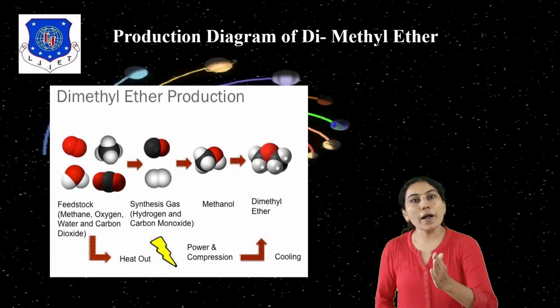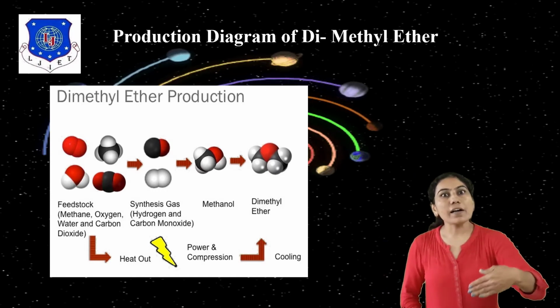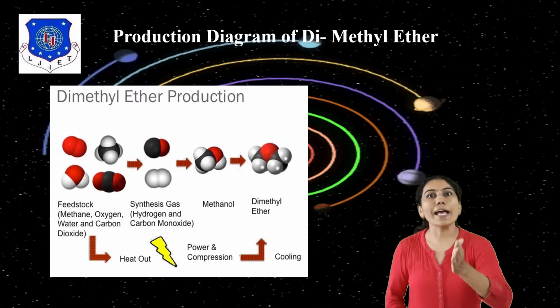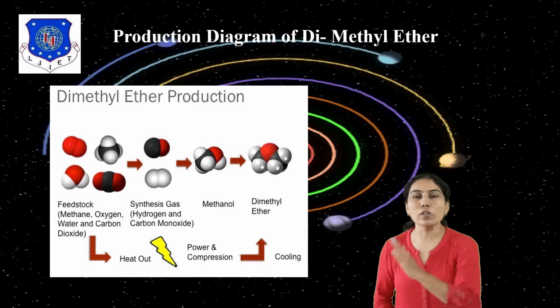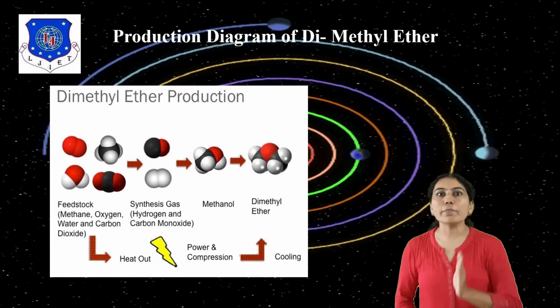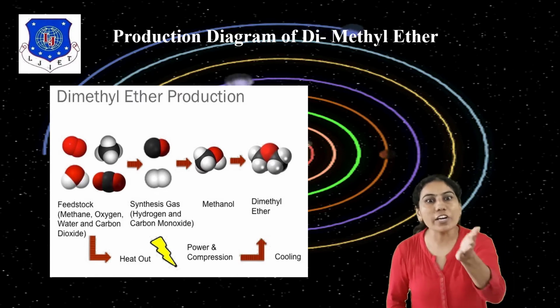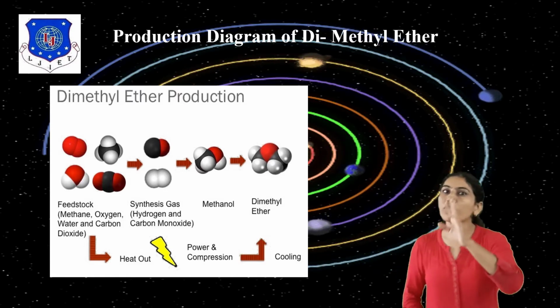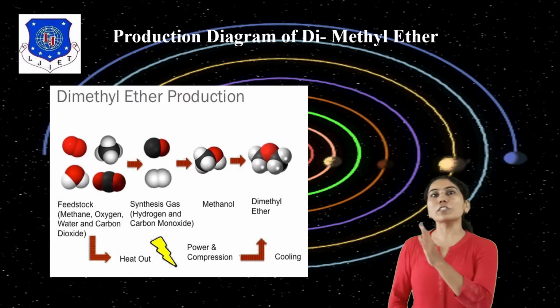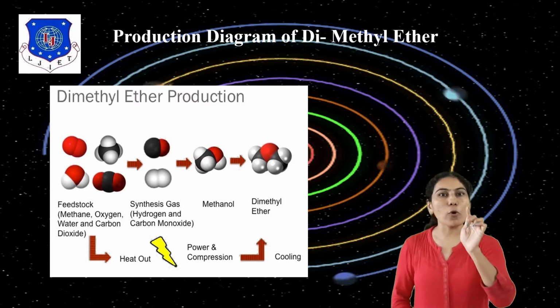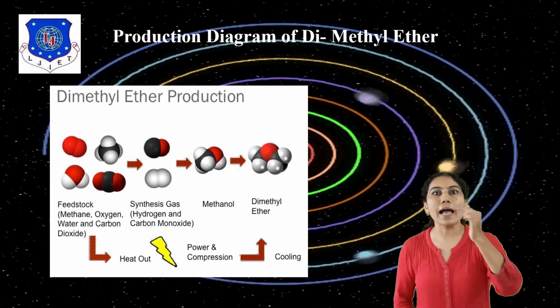Then in the second chemical reaction, CO plus 2H2, you can convert to methanol, CH3OH. Then 2 molecules of methanol you can convert to dimethyl ether plus water, meaning the chemical formula CH3OCH3 plus water. You can see the simple process diagram of dimethyl ether.